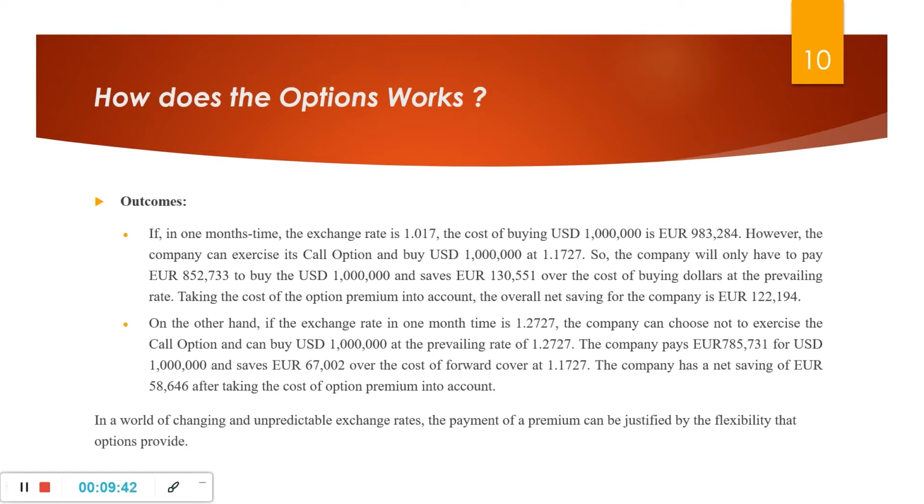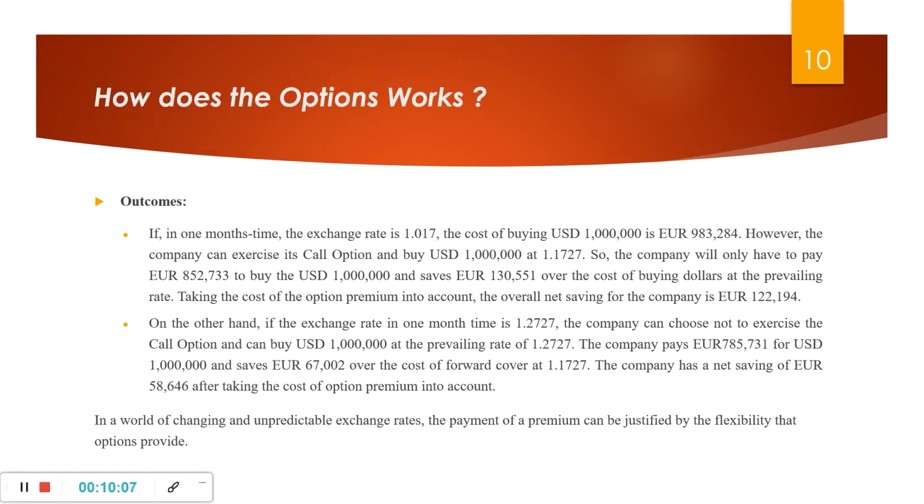On the other hand, if the exchange rate in 1 month's time is 1.2727, the company can choose not to exercise the call option and can buy USD 1 million at the prevailing rate of 1.2727. The company pays 785,731 for USD 1 million and saves euro 67,000 over the cost of forward cover at 1.1727.